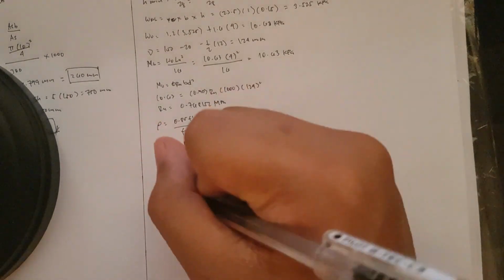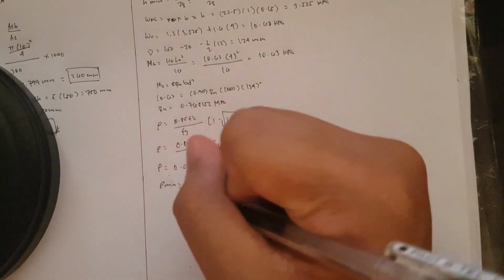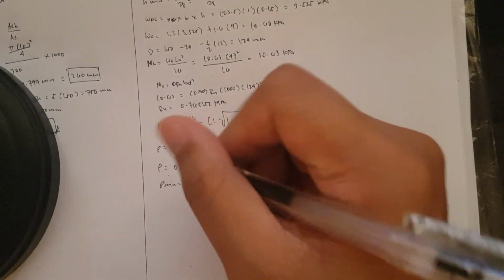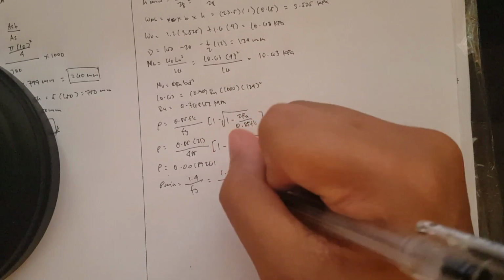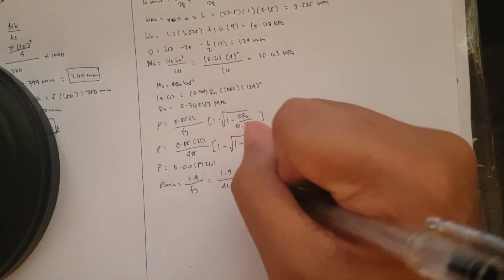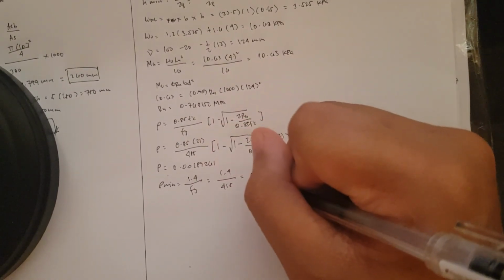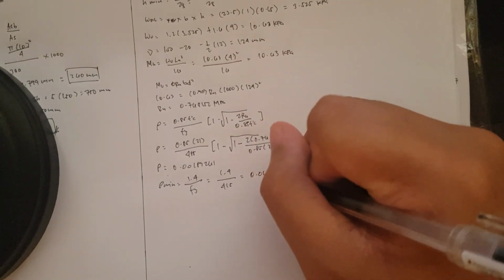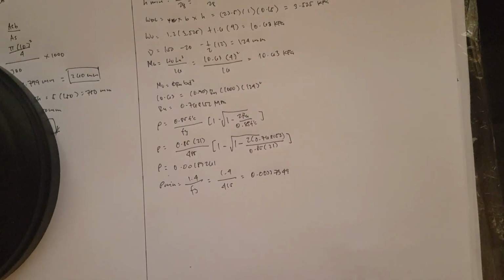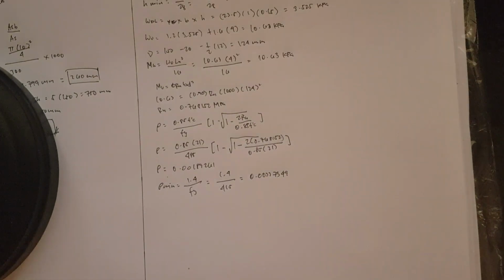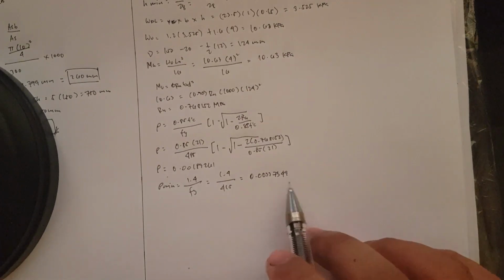So compute natin, minimum is 1.4 over Fy, equals to 0.0037349. So ito yung minimum reinforcement ratio natin. So since mas mataas yung nakuha natin sa minimum reinforcement ratio natin, ito na ngayon yung gagamitin natin.